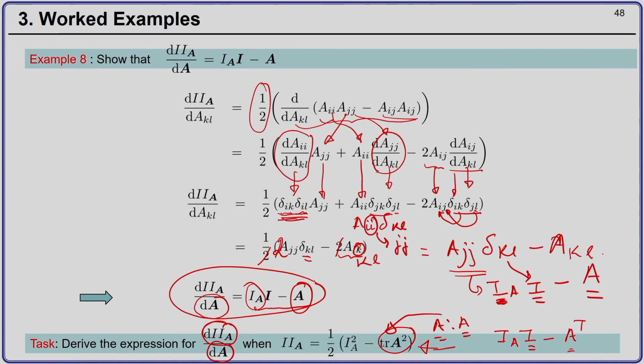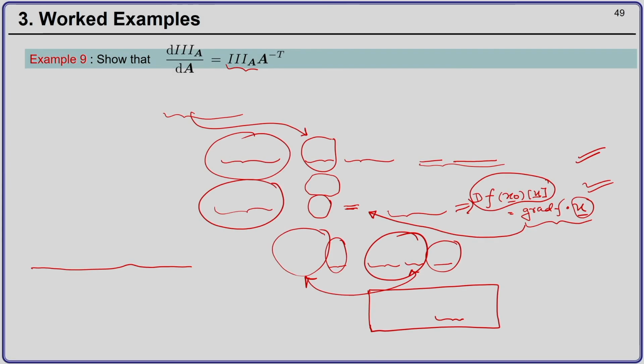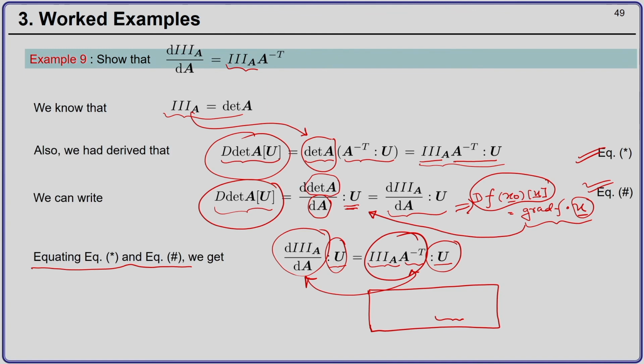So, it did not have a transpose here, but if you use this expression for your second invariant of the tensor, you will get the transpose. And the derivative of the determinant of the tensor, which is the third invariant of the tensor, with respect to the tensor itself is nothing but the third invariant of the tensor multiplied by A inverse transpose.